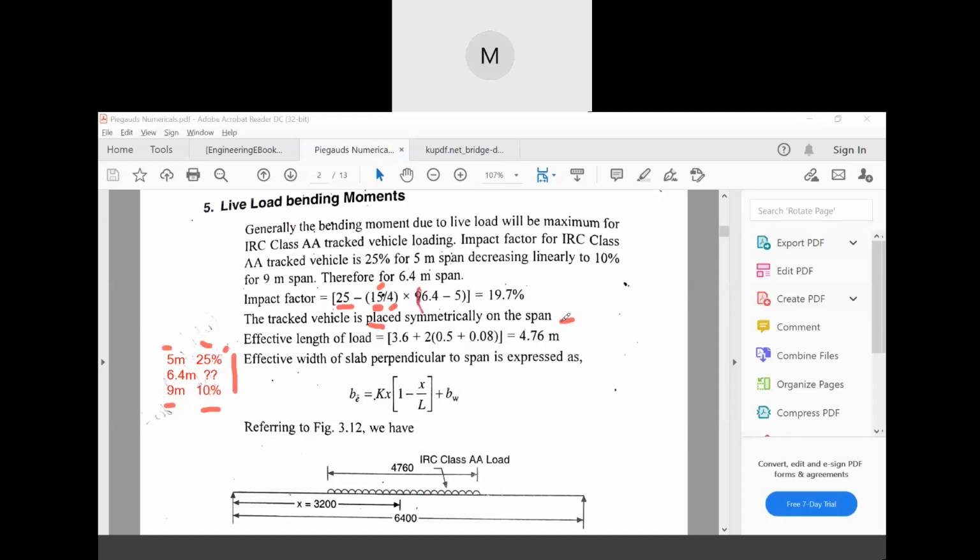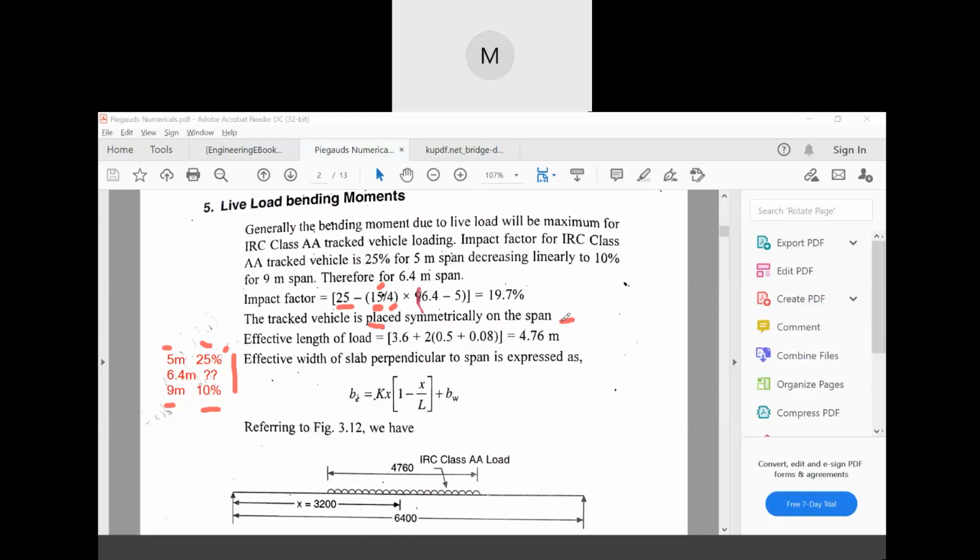Effective length of load equal to 3.6 plus 2 into 0.5 plus 0.08.